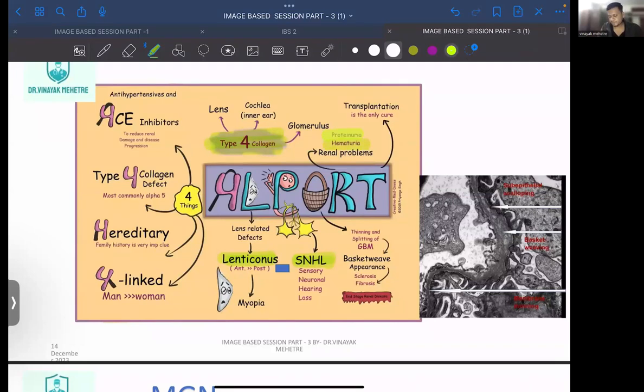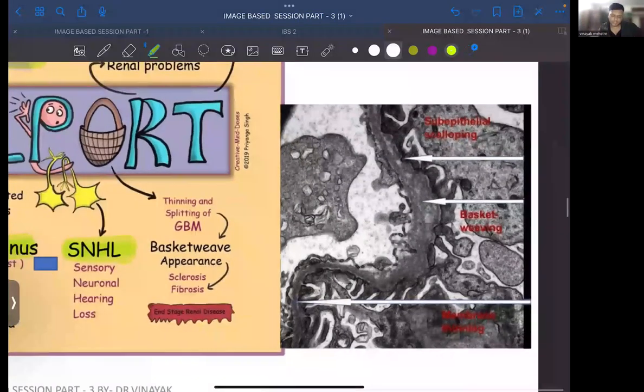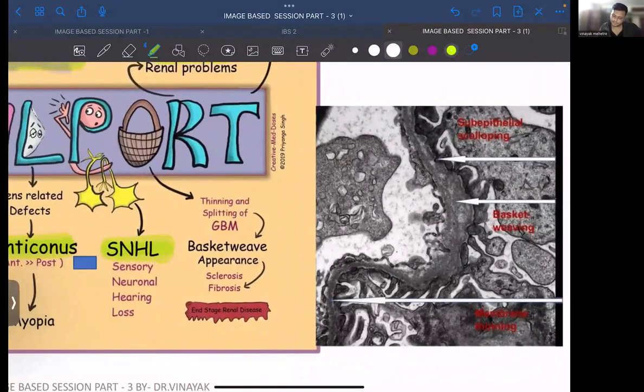Nephritic syndrome, proteinuria plus hematuria, right? What are we going to give? We are going to give ACE inhibitors. A stands for Alport, A stands for ACE inhibitors, right? And on electron microscopy, we are going to see basket wave appearance.